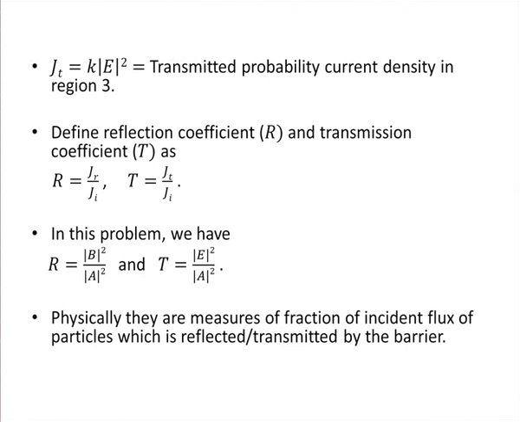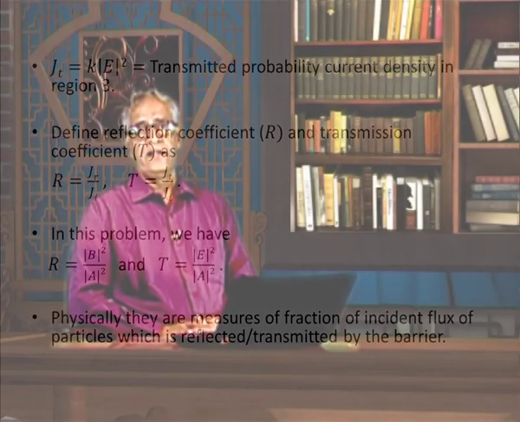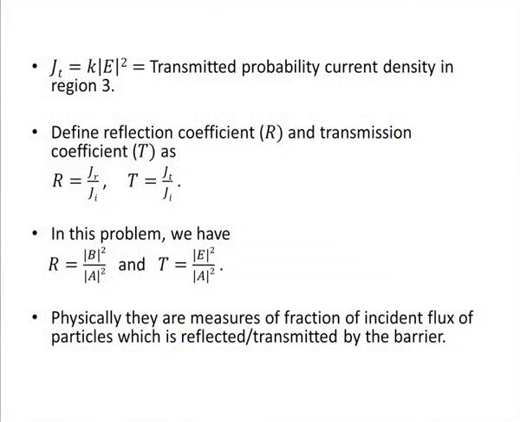Now, you define two coefficients, reflection coefficient R and transmission coefficient T. R is J R by J I and T is J T by J I, that is, they are ratios of reflected and transmitted probability current density to the incident probability current density. So, you can easily see that R is mod B square by A square and T is mod E square by A square. Physically they are measures of fractions of the incident flux of the particle which is reflected or transmitted by the barrier.